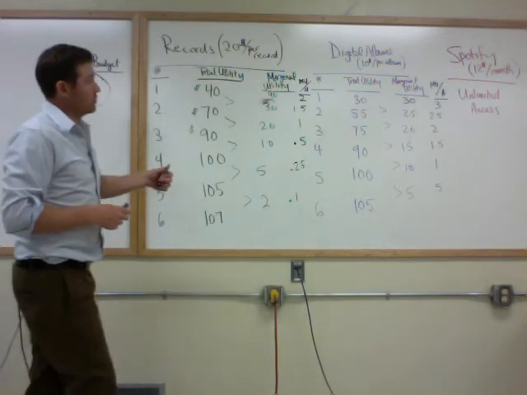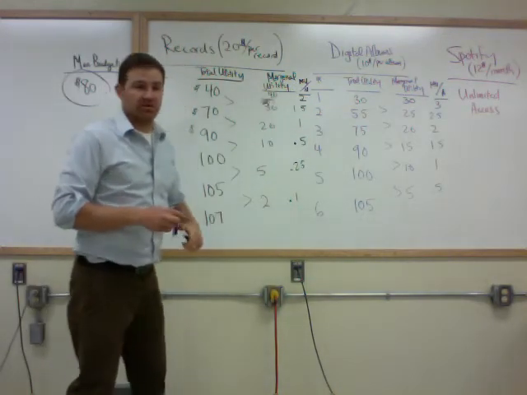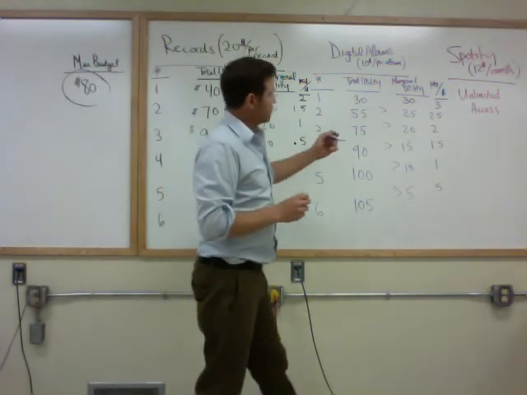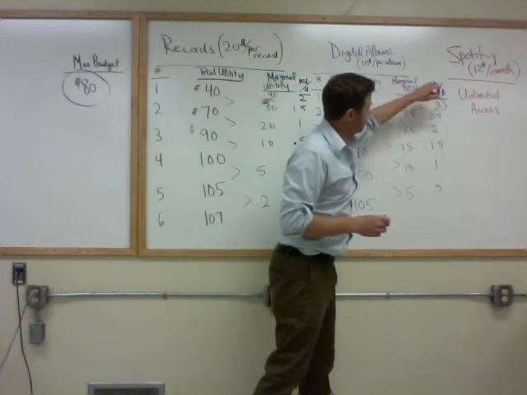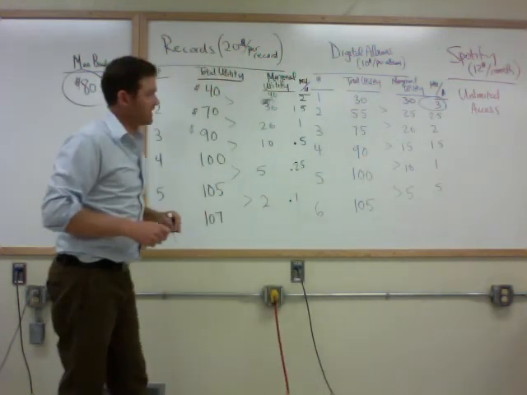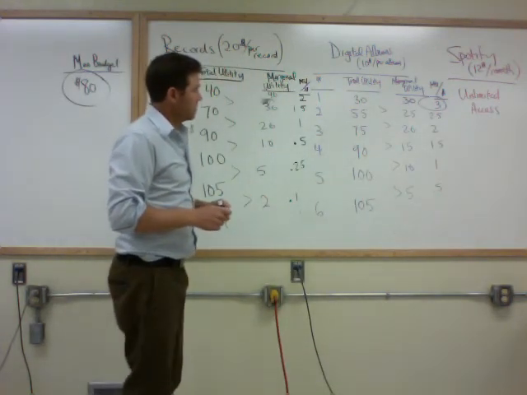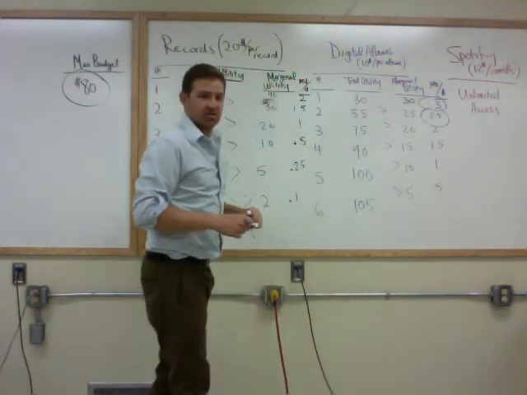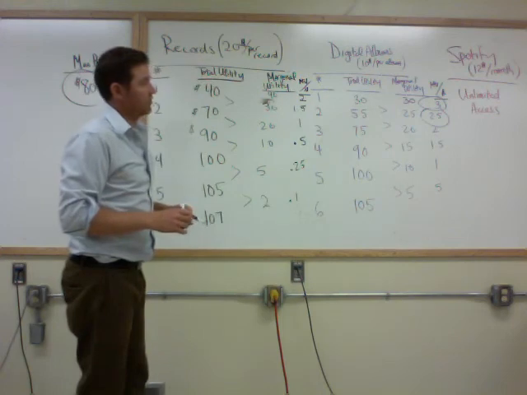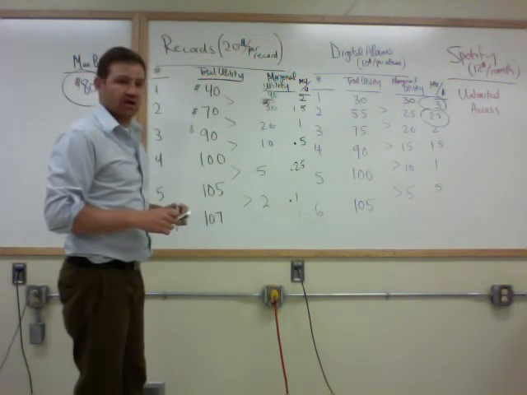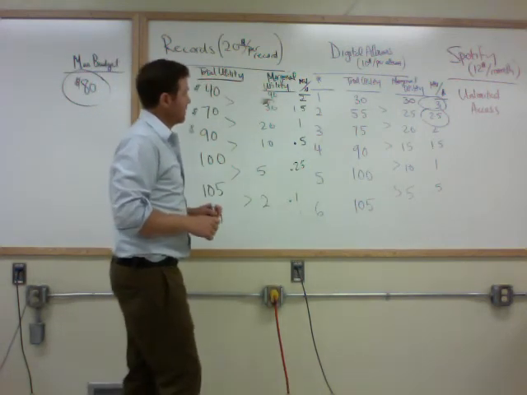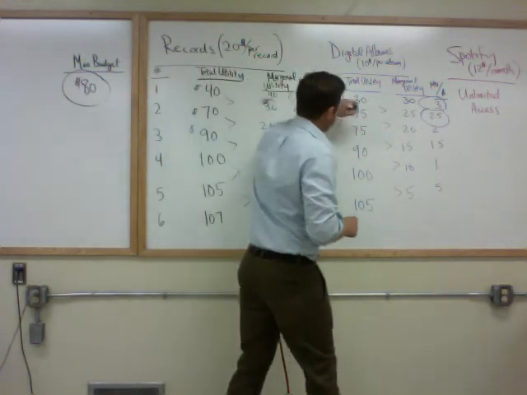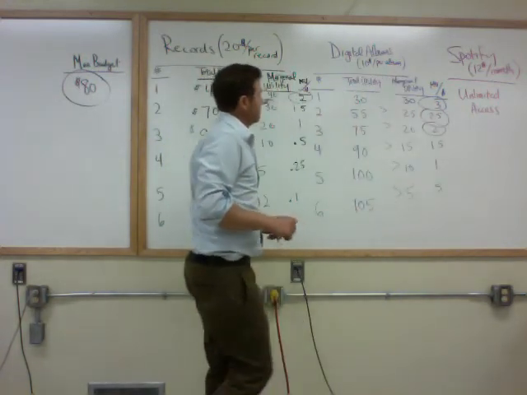So, what we have to do is look at the marginal utility per dollar and decide what we're going to spend first. Well, what's highest? This 3 is going to be highest, so we're going to buy that one first. That costs us $10. Then we're actually going to buy this one because that gave us 2.5, and so now we've spent $20 of our $80 budget. The next two are equal, so we're going to buy one of these and one of these.